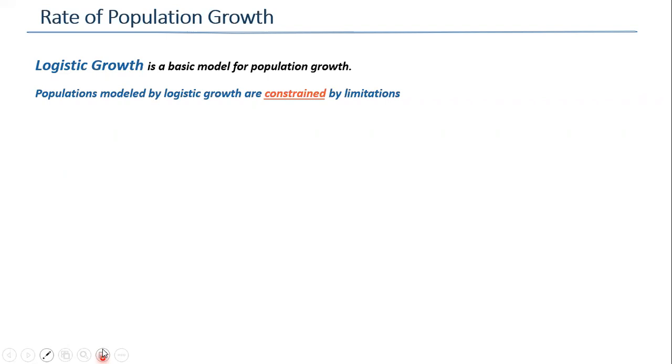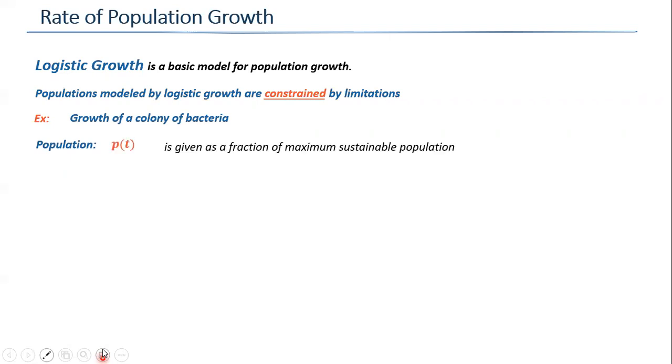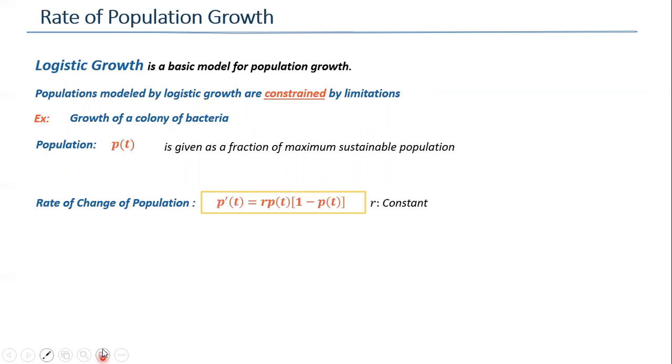Populations modeled by logistic growth are constrained by limitations. For example, for the growth of a colony of bacteria, the population P of T is given as a fraction of the maximum sustainable population. Rate of change of population, this is the formula: P prime of T equals R P of T times 1 minus P of T.